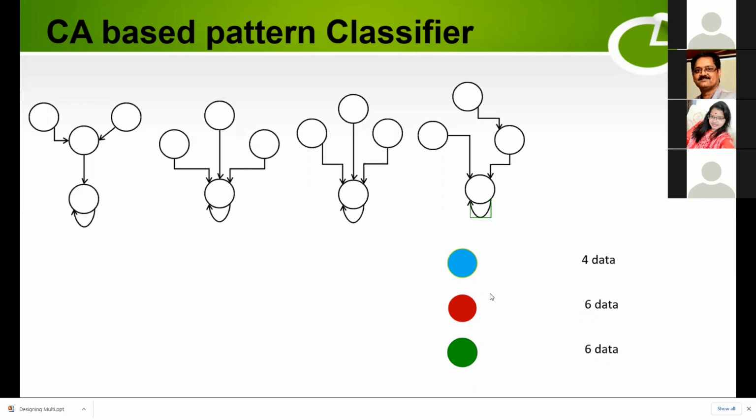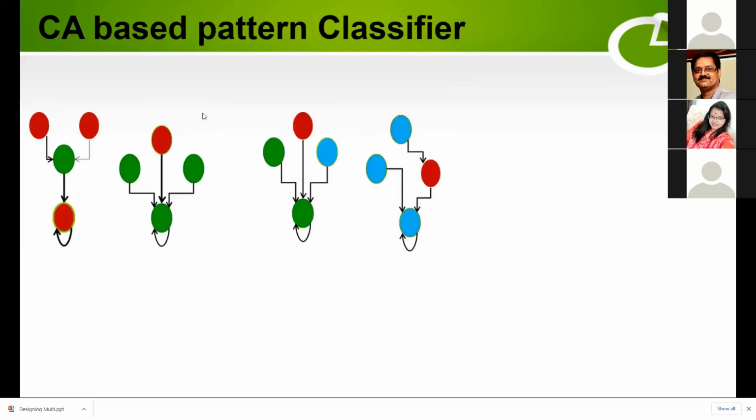And say we have a data set with 3 classes: 4 data from the blue class, 6 from red, and 6 from the green class. Now the question is which attractor will be marked for which class? For this mechanism, say these are randomly assigned states from the different classes.